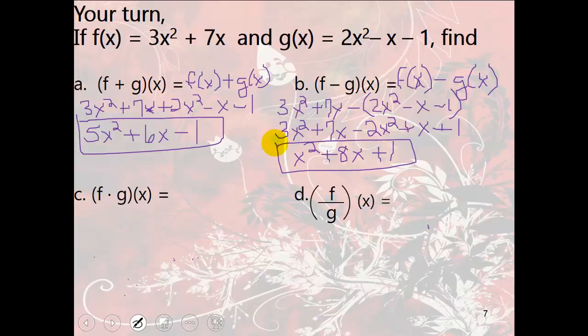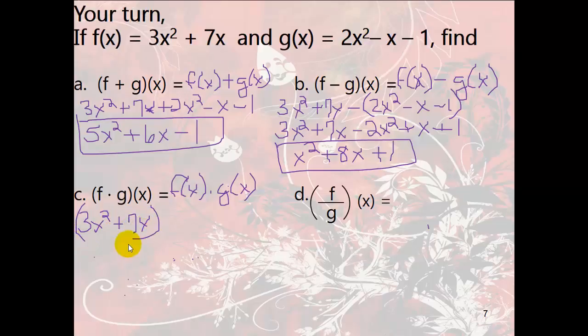Now I'm going to multiply these two together. So this is f of x times g of x. So I'm going to get 3x squared plus 7x times 2x squared minus x minus 1.